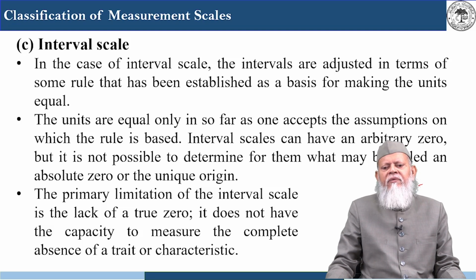It can have an arbitrary 0, but it is not possible to determine for it what may be called an absolute 0 or the unique origin. The primary limitation of the interval scale is the lack of a true 0. It does not have the capacity to measure the complete absence of a trait or characteristic.